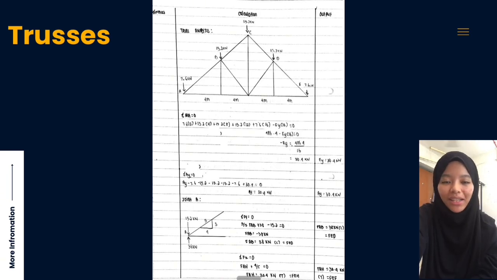So we get FAB as negative 38 kN. We change the negative to positive, so the new total is FAB equal to 38 kN. For Fx, we get FH plus 4 divided by 5 multiplied by negative 38 equals 0. So the new total for FH is 30.4 kN.